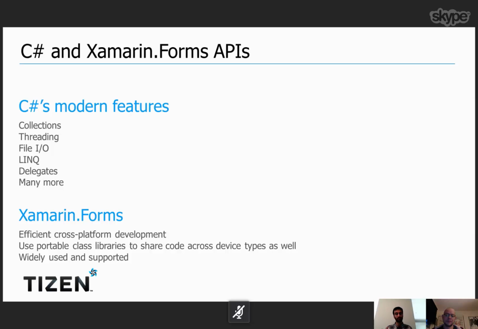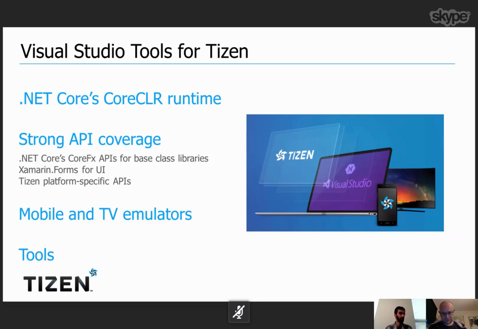And so the next question is, how do you actually use Tizen.NET? How can you actually build an app? And the answer is Visual Studio Tools for Tizen. If you download this from our website, you can immediately start to efficiently build Tizen apps in the familiar Visual Studio environment.